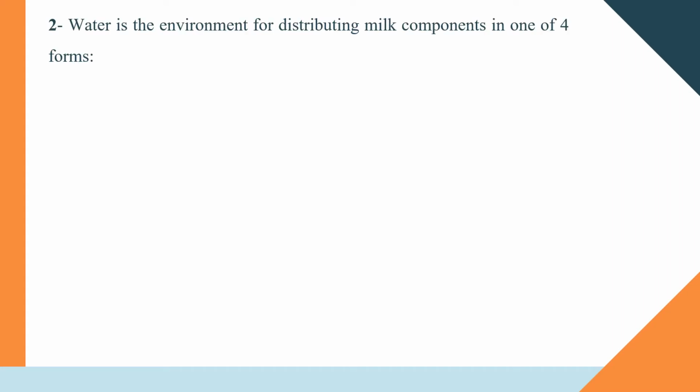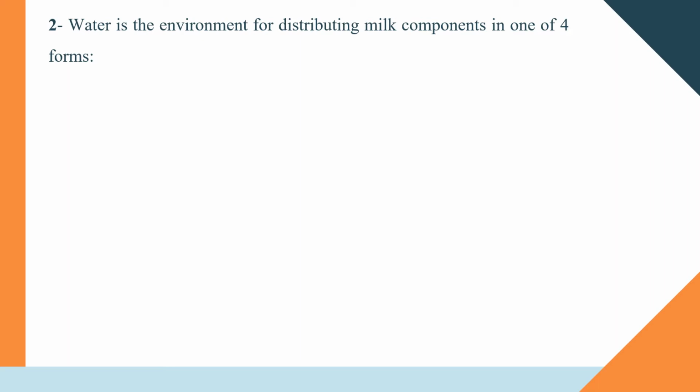Okay, what else? What other points show to us that water is important in milk and dairy products? The second point is that water is the environment. It is the solvent in which all the solid components exist. As we know, milk consists of water and solid components.